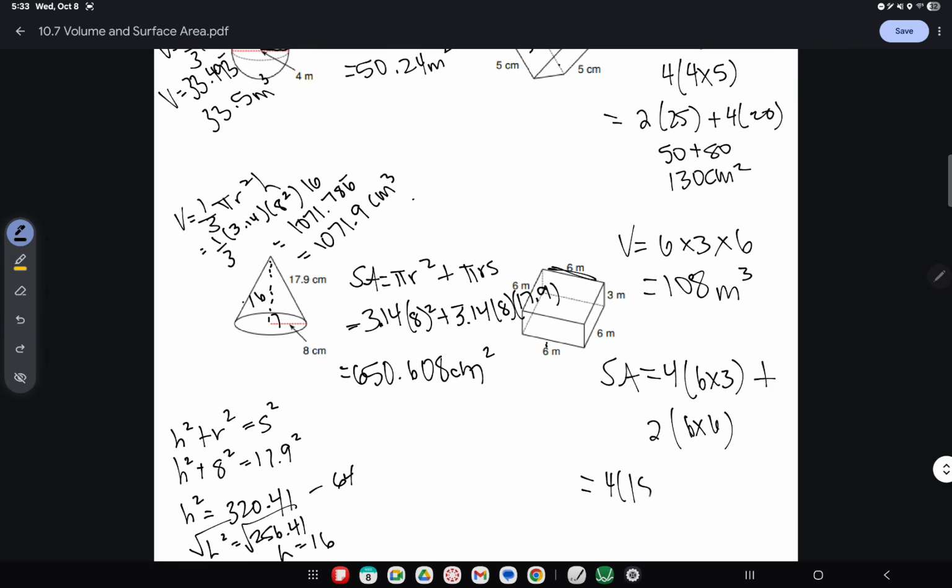So it'll give me 4 times 18 and 2 times 36 for a total of 144 meters squared.